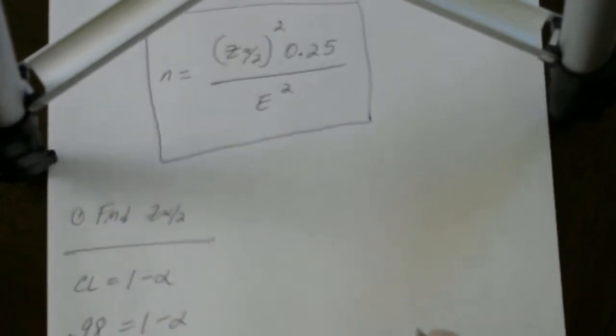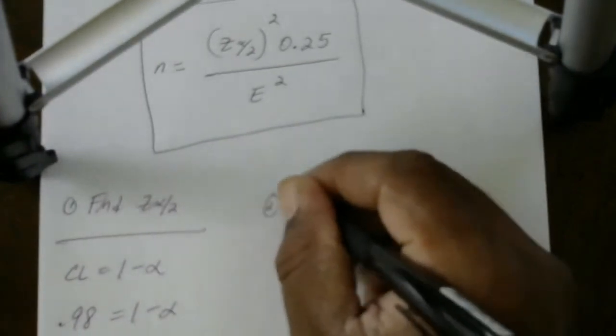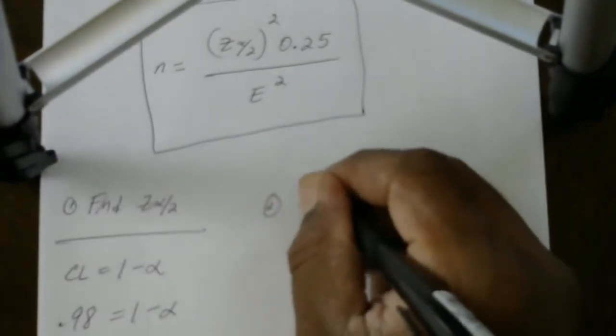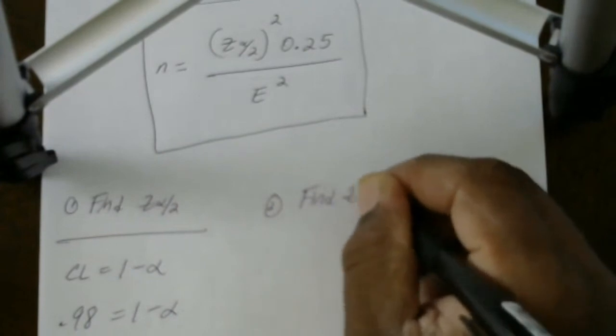I'll multiply both sides by a negative, so 0.02 is equal to alpha. The next thing I'll do is find the Z alpha over 2 value.